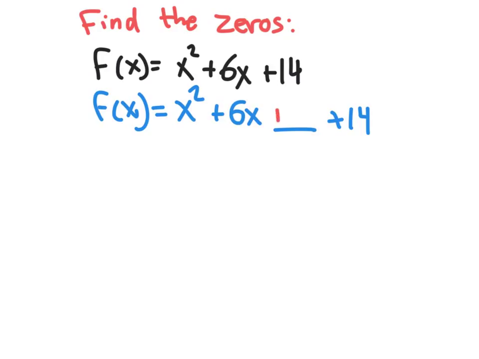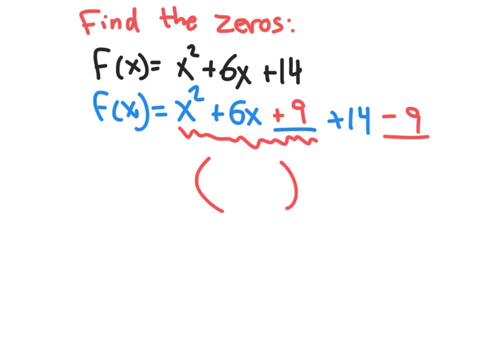So I'm going to add 9 right here. Now I can't just magically add 9 to this side of the equation. I either add it to this side also, or I subtract 9 also to this side to keep it balanced. So I'm also going to subtract 9 right here. Okay, now again, completing the square, what's the purpose of it? To get a binomial squared.